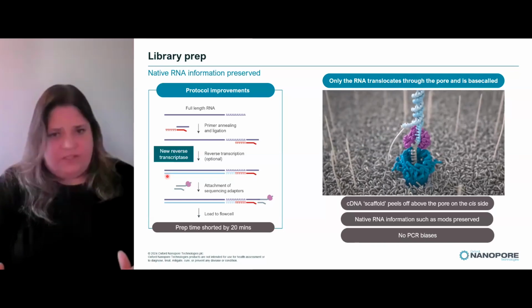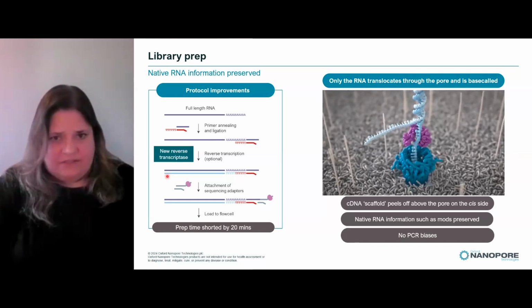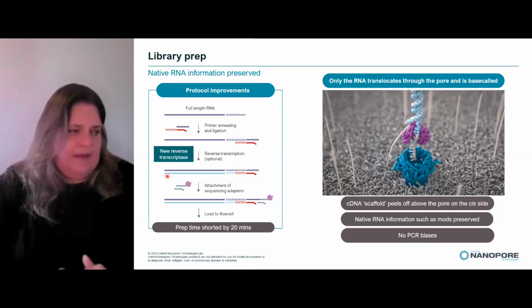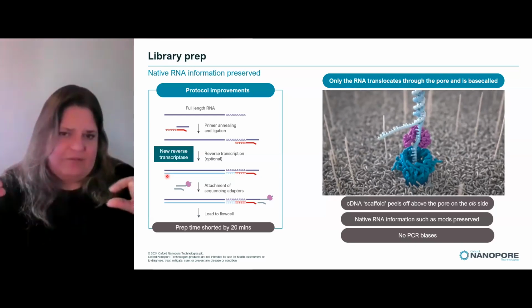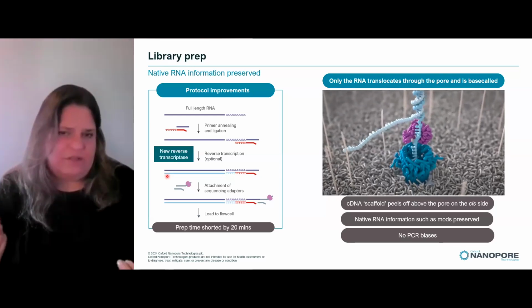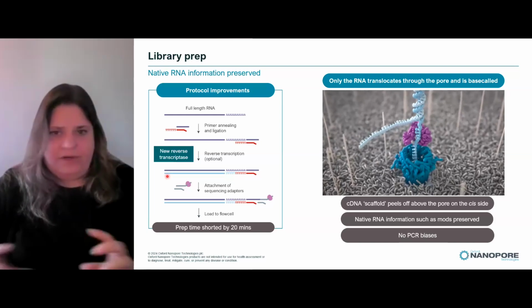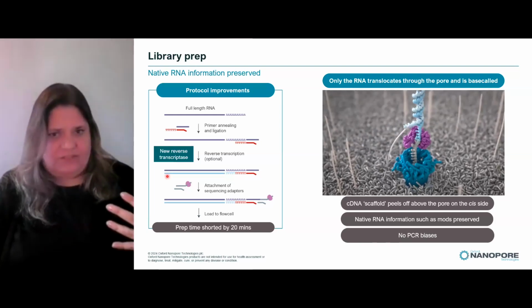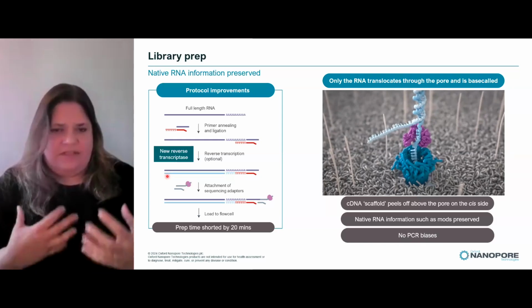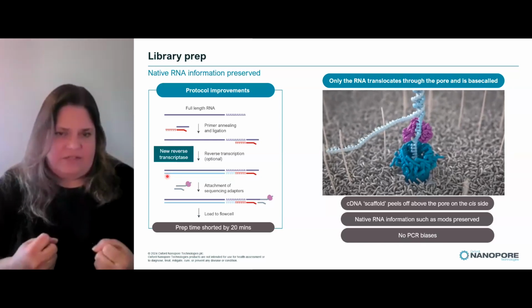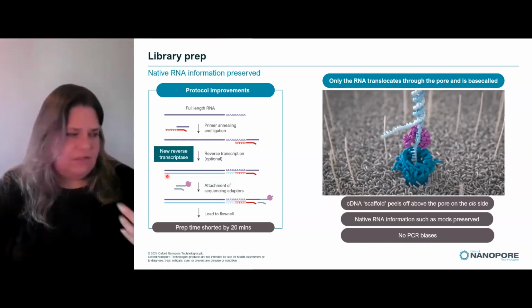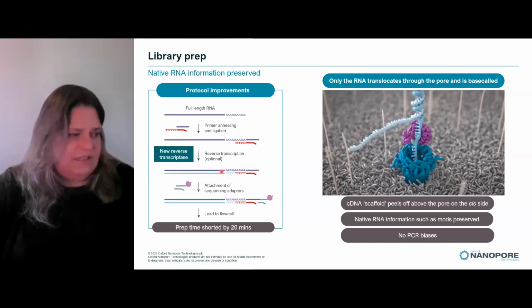We don't fully convert it to DNA because obviously this is direct RNA sequencing. We want native RNA. But we do want the ability to remove secondary structure so that when the RNA is translocating through the pore, it's in a more linear fashion, and the motor protein is not fighting through secondary structures on its own. So we have here an RNA-DNA hybrid.